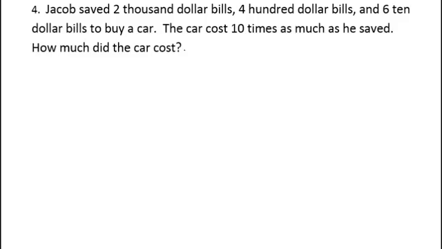Now let's use that process to solve this word problem. It says Jacob saved $2,000 bills, 4 $100 bills, and 6 $10 bills to buy a car. The car cost 10 times as much as he saved. How much did the car cost? I'm going to start by writing an answer statement, leaving a blank for the final answer.